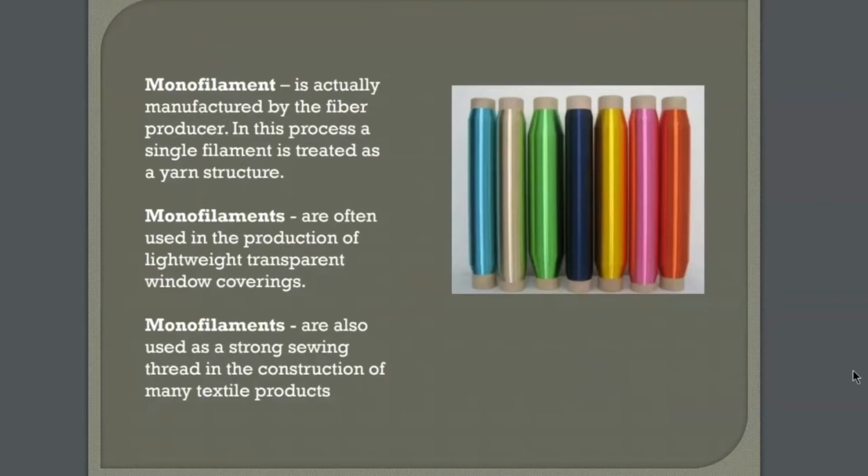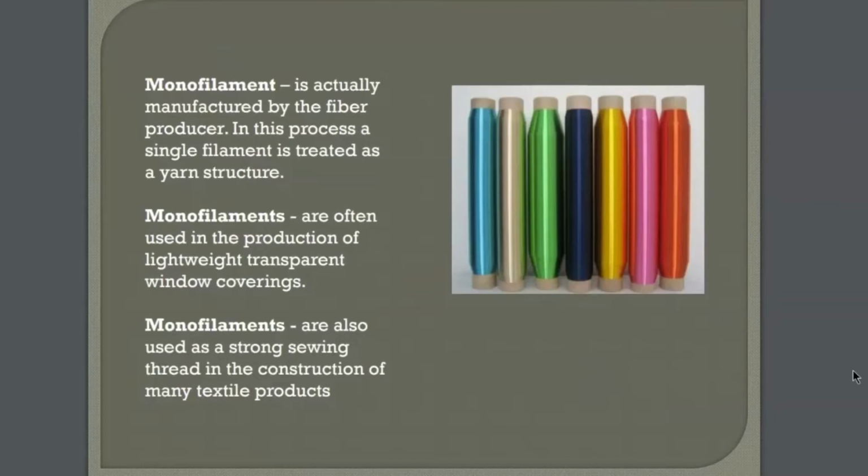We learned early on that shears are not your typical 54-inch wide bolt, but rather more like 120 inches, so that those light shear panels can be constructed into panels and go across an entire window without a seam. So that single monofilament creates that very nice shear. It's strong, it's long, and it's semi-transparent.